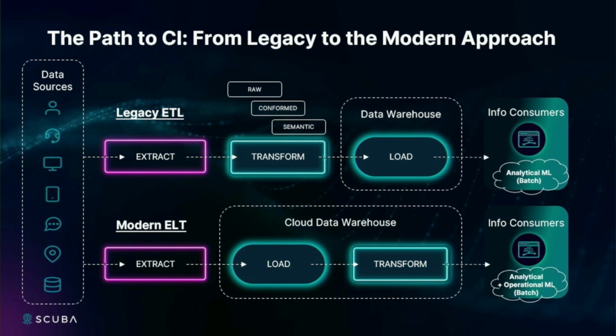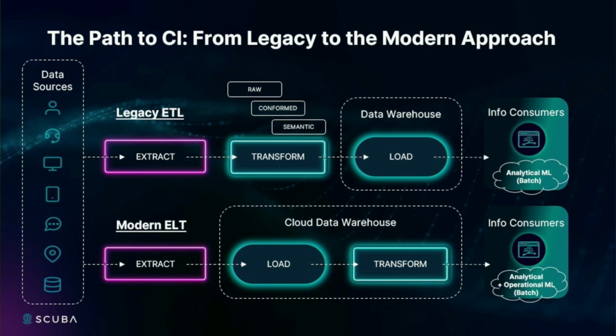Extract from multiple data sources. Those data sources may be supporting a disparate set of applications, each one with a different kind of data storage. Extract that data on a recurrent basis, transform it, meaning pass it through a series of phases to get to more semantics in the data.